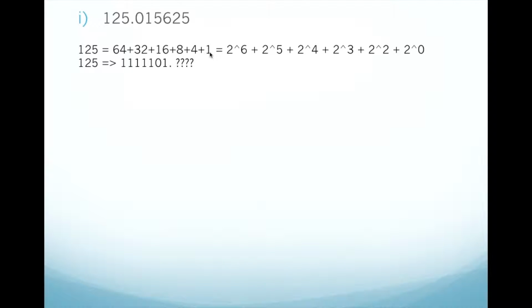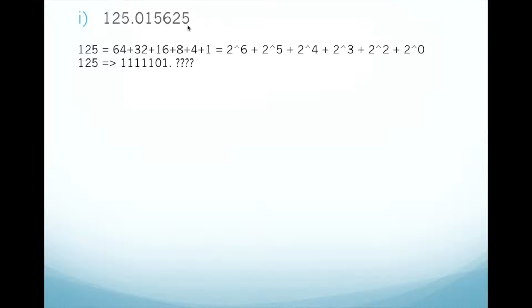Then you just convert that over: 64 is 2 to the 6th, 32 is 2 to the 5th, and so on. And you can find that it is going to be 1111101, and then dot. The right side is 0.015625. Now we have to convert this decimal part into binary.